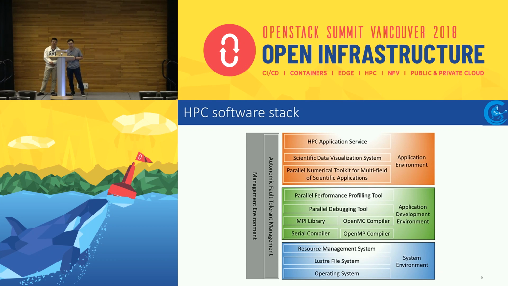The software stack. As we can see in the picture, the whole software stack includes 3 layers. The bottom is the system environment, including a specially optimized OS, parallel file system, and a resource management system based on Slurm. The middle part is the application development environment, with some enhanced libraries and compilers, which are also highly optimized for scientific and technical computing workloads.